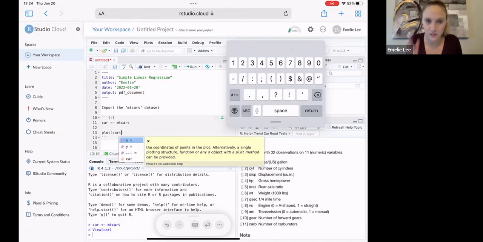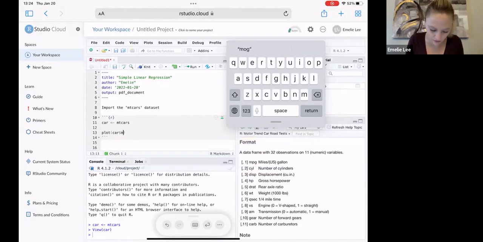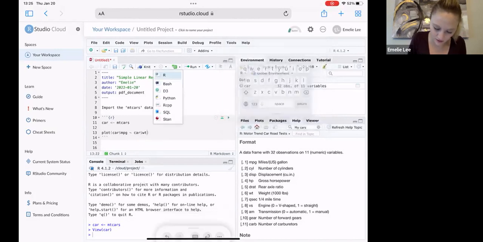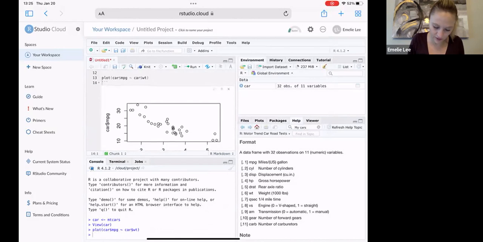I don't want to play around with it too much. So car$MPG, and then I want the tilde. So that's the y tilde x, which is car$WT, and I know we said weight. And if I run that, I get this plot.